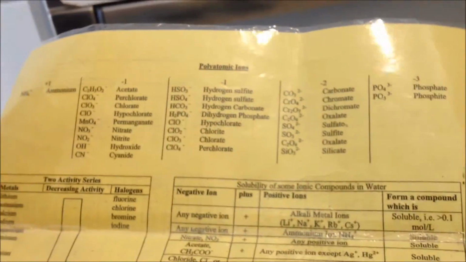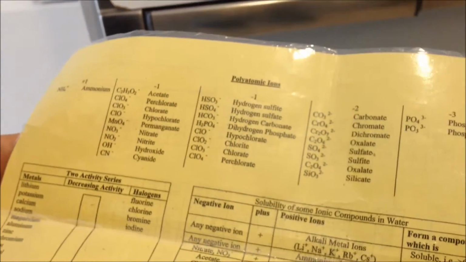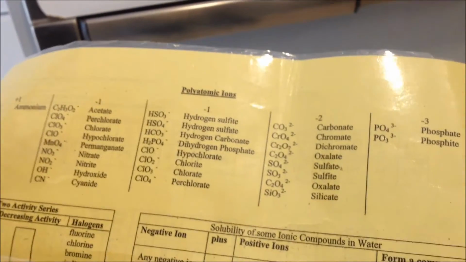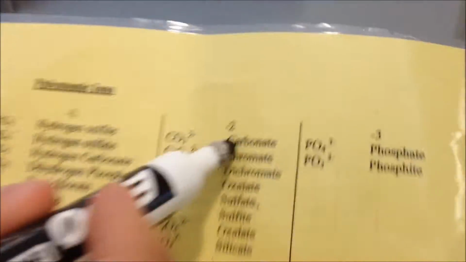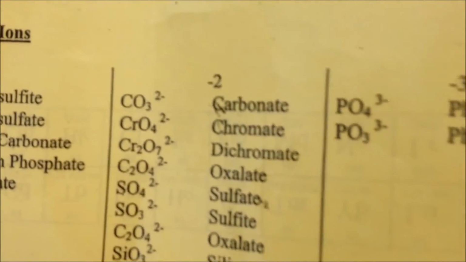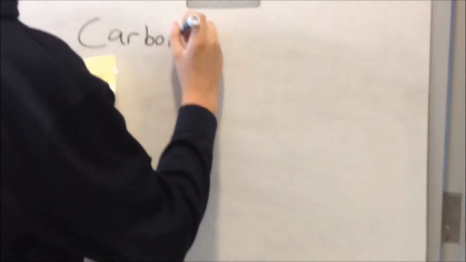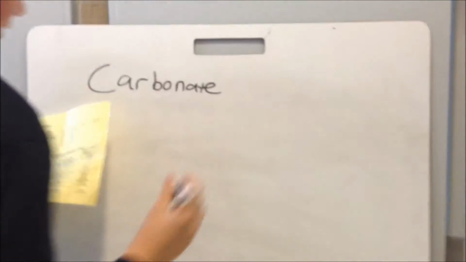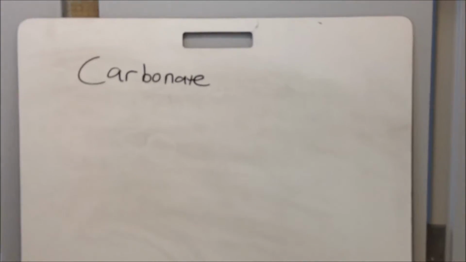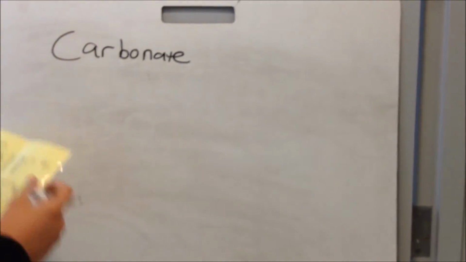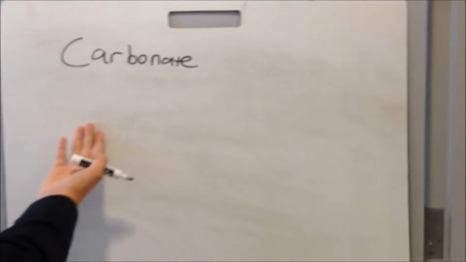So, again with polyatomic ions, we're going to be using another example. Let's just use something totally different. Let's just use carbonate. Okay, so how you do that is you write down carbonate. Then you have to write down the symbol.